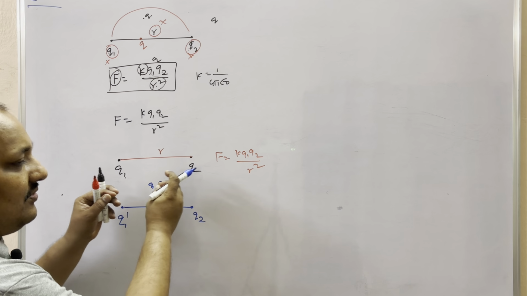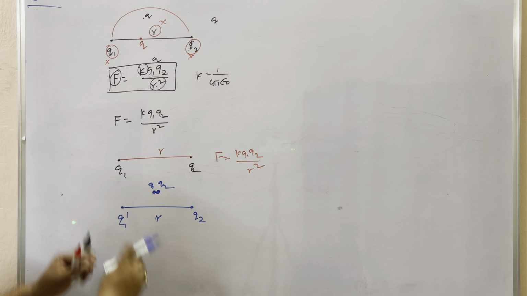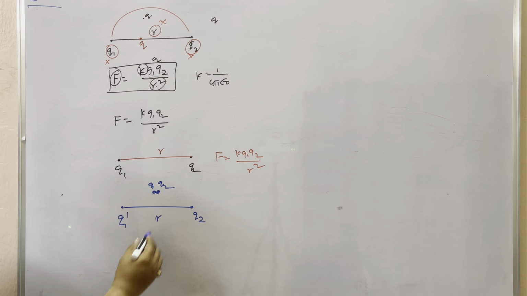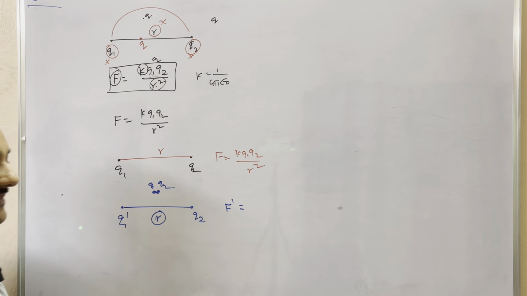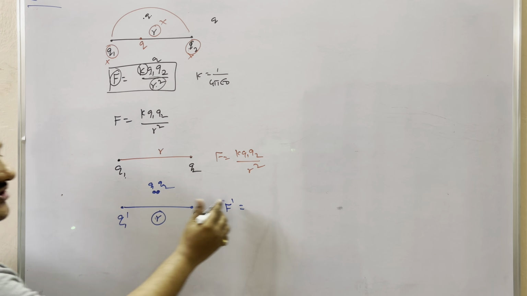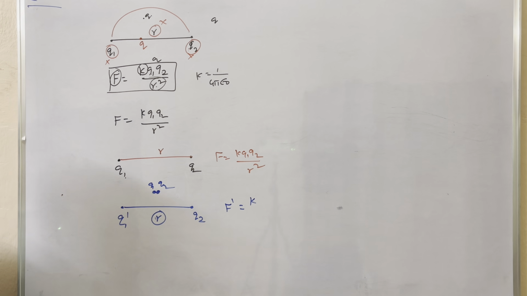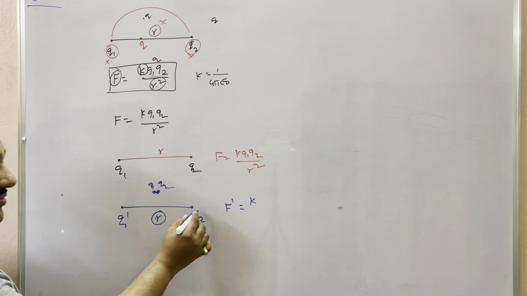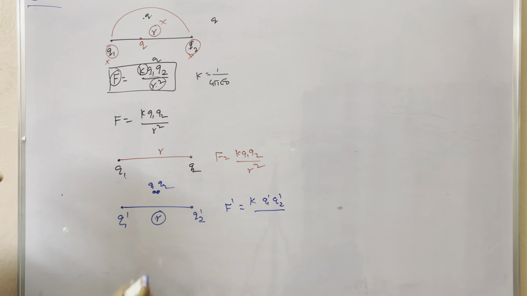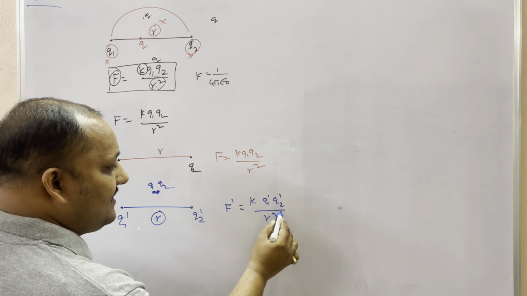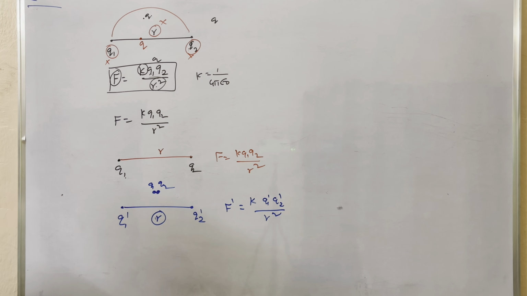Then what is the new force between them? F dash equal to, medium not changed, 1 by 4 pi epsilon naught, new charges Q1 dash Q2 dash divided by separation R square.